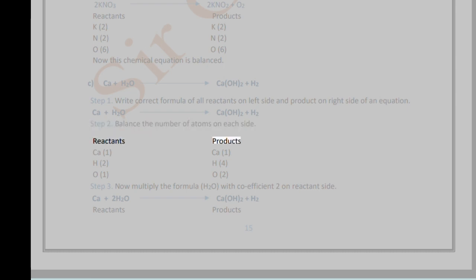Reactants, products: Ca 1, Ca 1, H 2, H 4, O 1, O 2. Step 3. Now multiply the formula H2O with coefficient 2 on the reactant side. Ca plus 2H2O gives Ca(OH)2 plus H2.